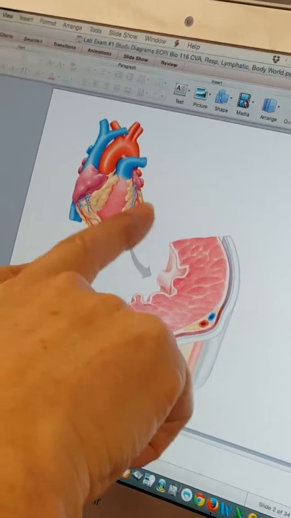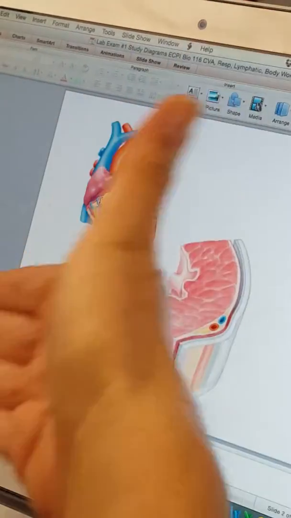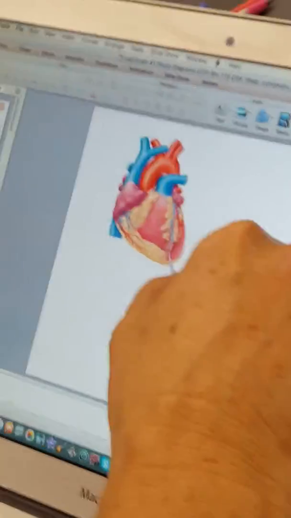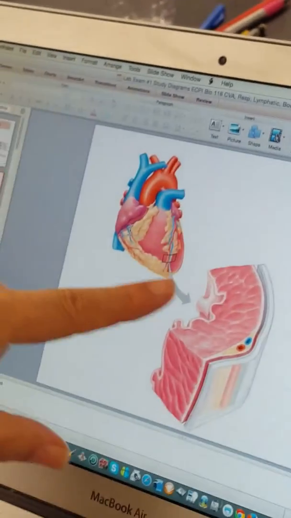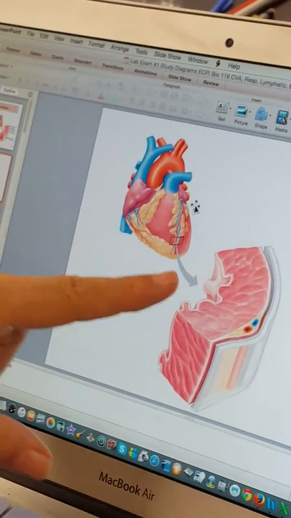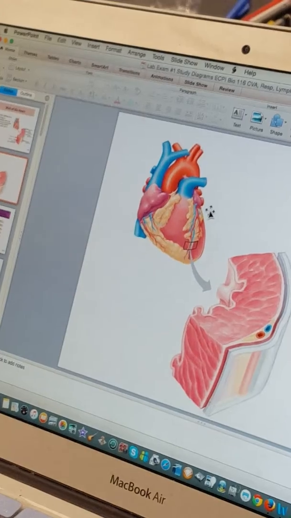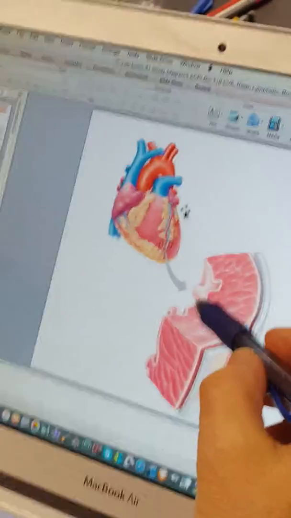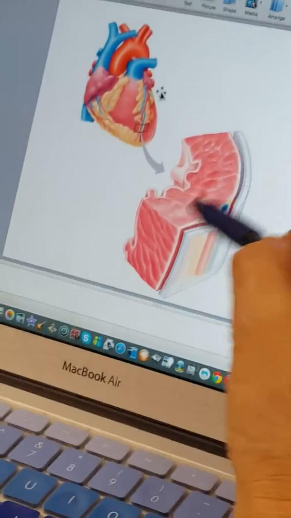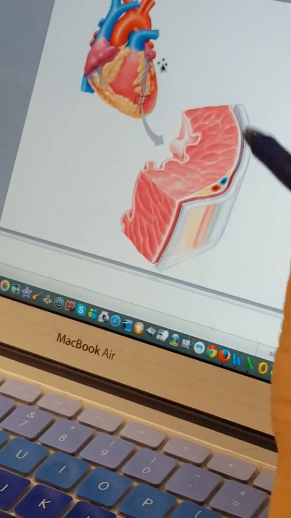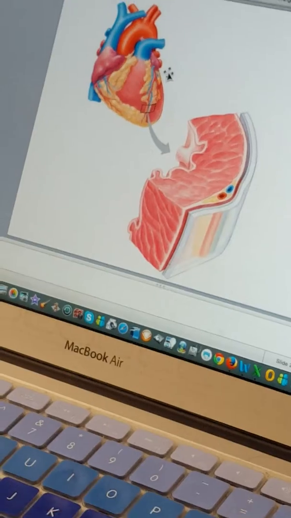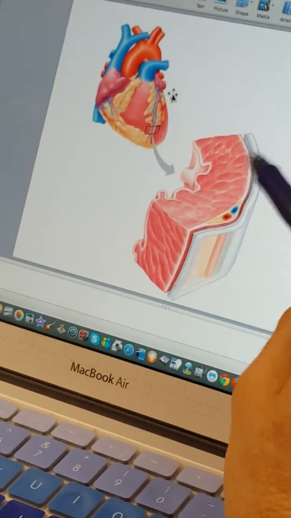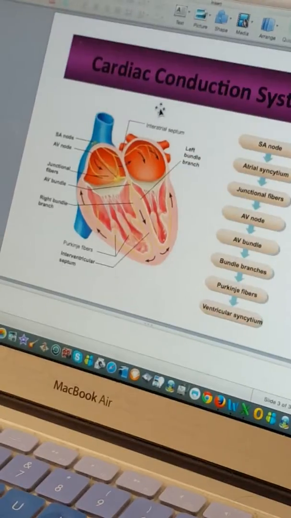This box should be over near the outer edge, and the heart should be cut in a frontal section to see the cut edge. So there's the endocardium, okay? Endocardium, the white here, endocardium, myocardium, and then epicardium, all right? And then there's the pericardial space and the parietal pericardium, all right?